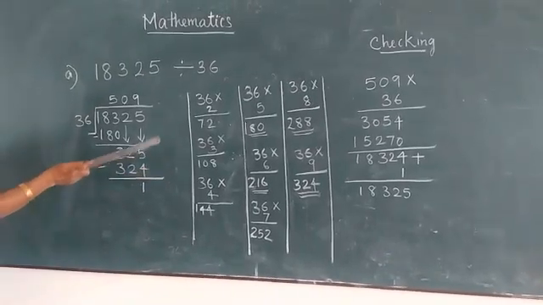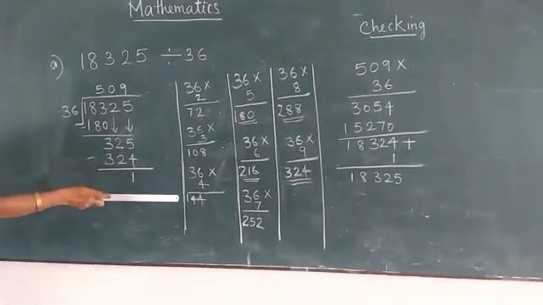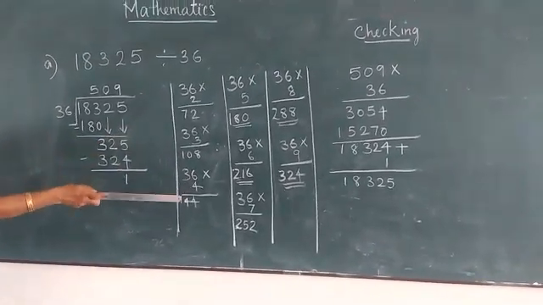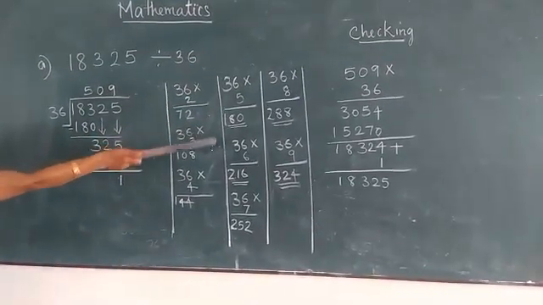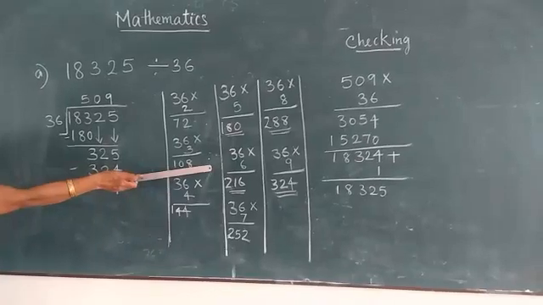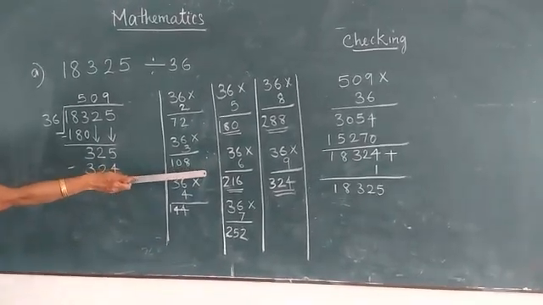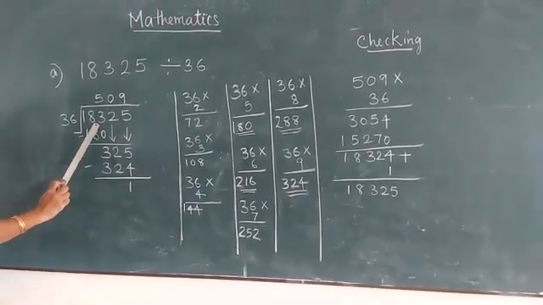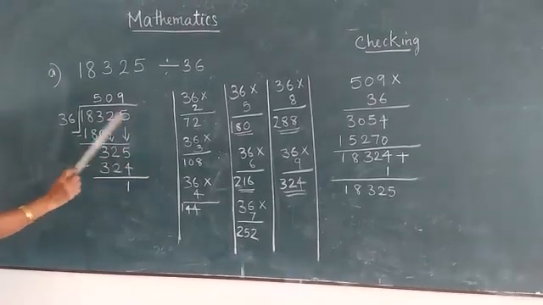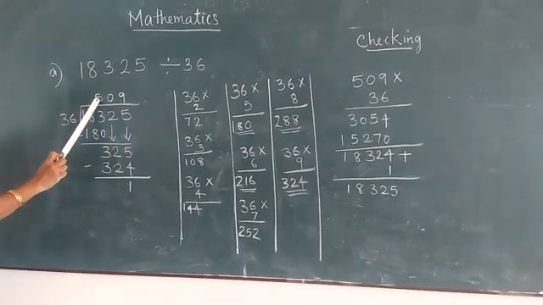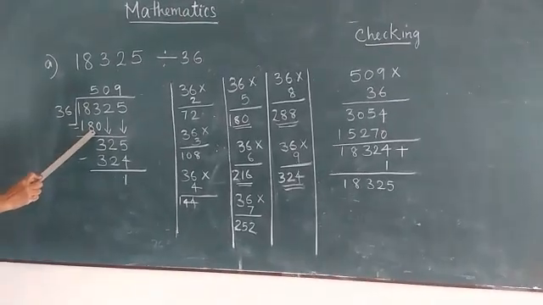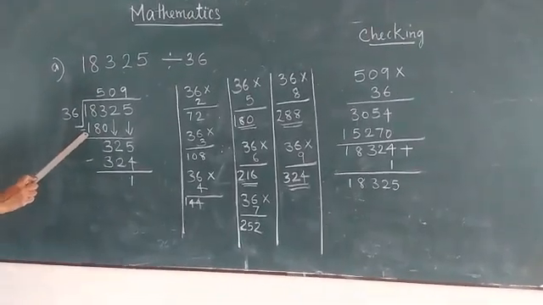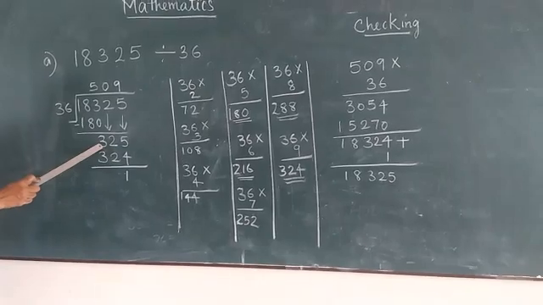You can go to these and understand. 36 into 5 is 180. 36 into 6 becomes more than 183. So we will write here 5 times, 36 into 5, 180. Then we subtract, we get 3.